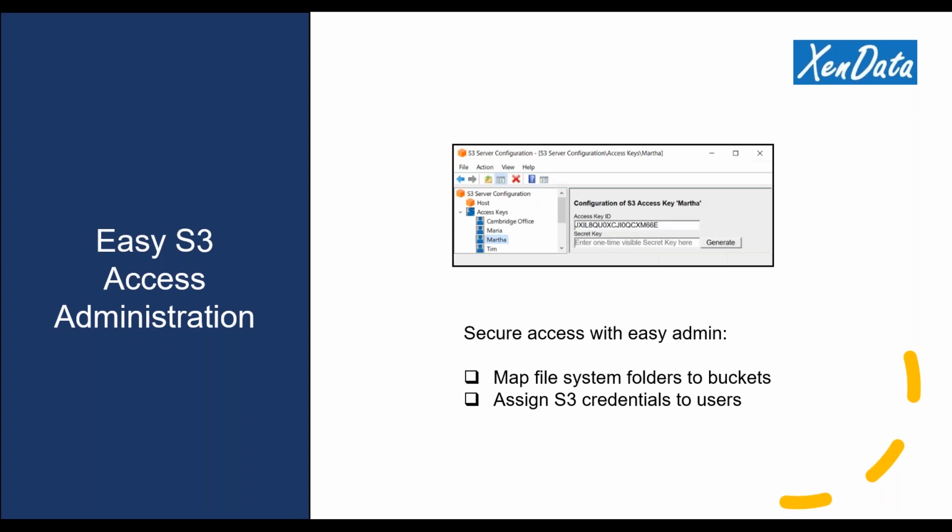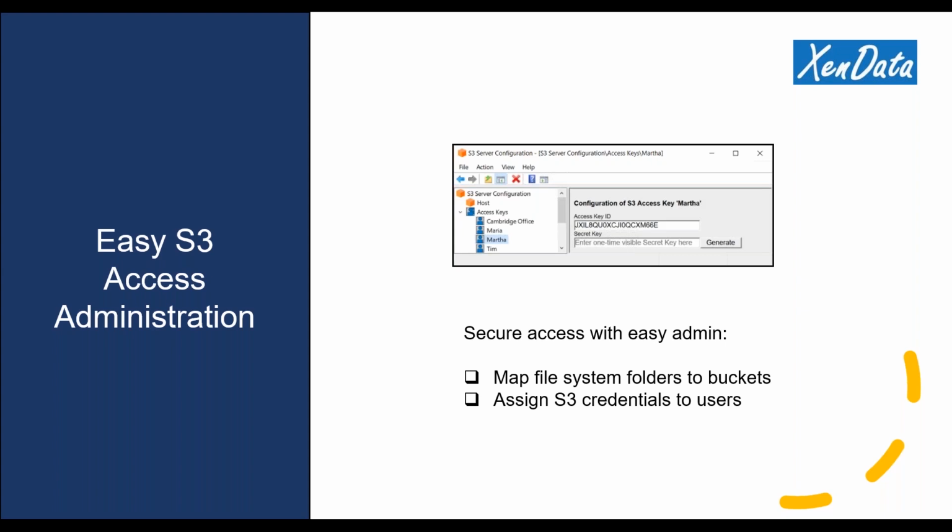You set up a user, and that user will have an access key and a secret key. The secret key is something that's just transient. It just exists in an unencrypted form on the system while it's being set up. So typically the admin person will just copy that and paste it into a text file and send it off to that particular user. So now we've got one or more buckets and we've got multiple users.